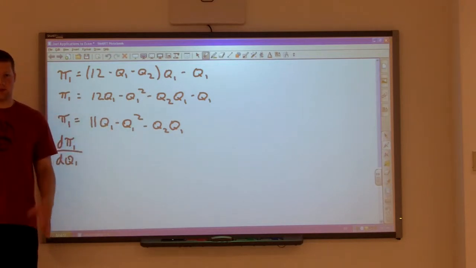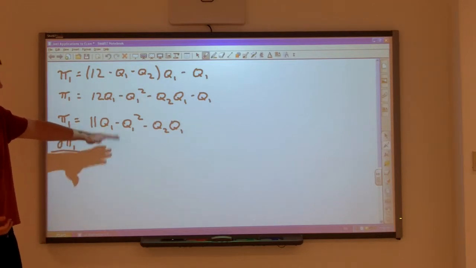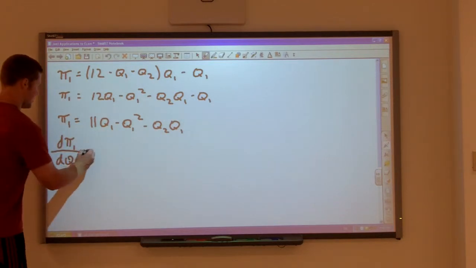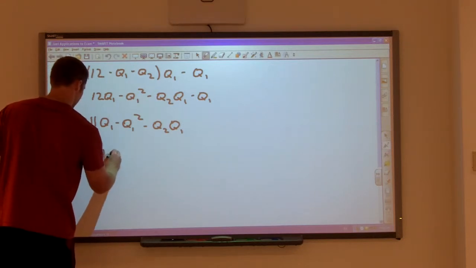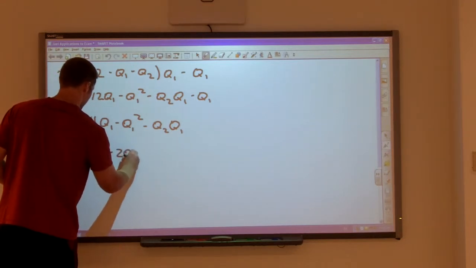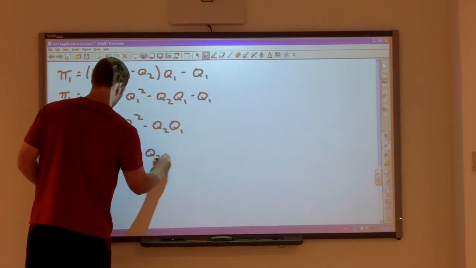Firm 2 is in the market, they're producing something, that's not going to change, and we're firm 1, so we want to know what we should produce. So the only thing changing in this instance is Q1. This derivative is simply 11 minus 2Q1 minus Q2.